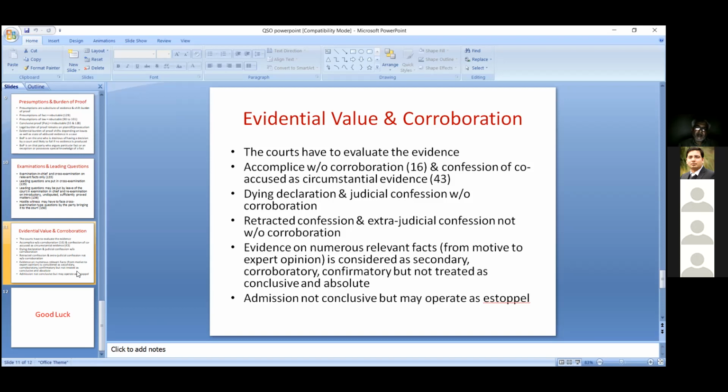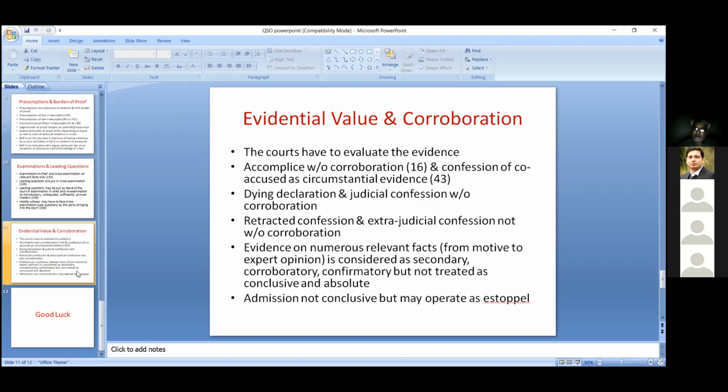For example, in Article 16, where we deal with the evidence of an accomplice, his evidence must be corroborated, and this concept is judicially evolved. And when we read Article 3 dealing with the competency of witness, there are a number of kinds of witnesses whose evidence is not considered unless their evidence is corroborated by independent witnesses or independent pieces of evidence.